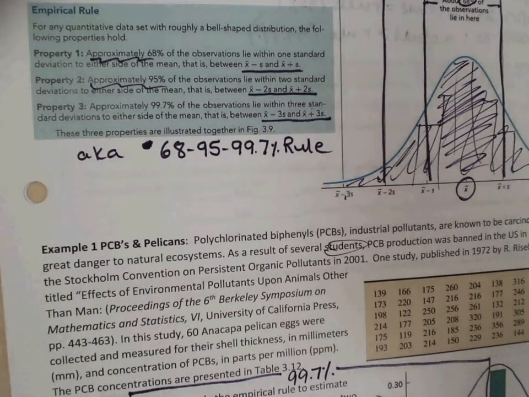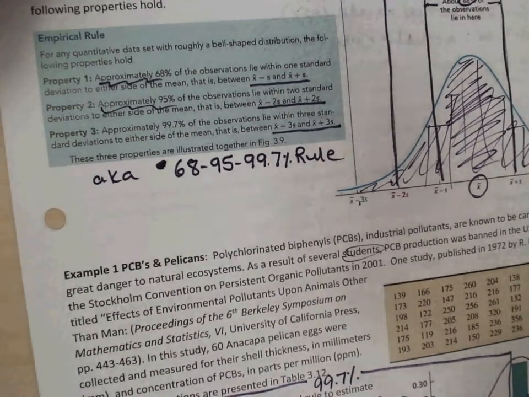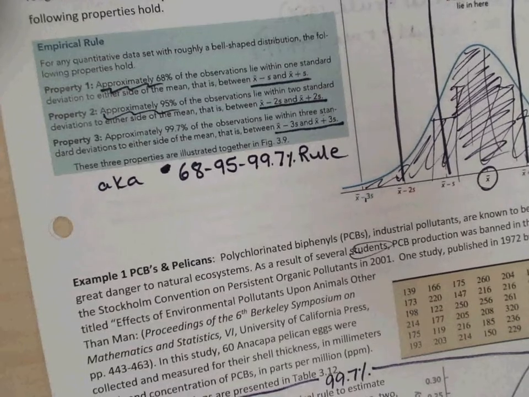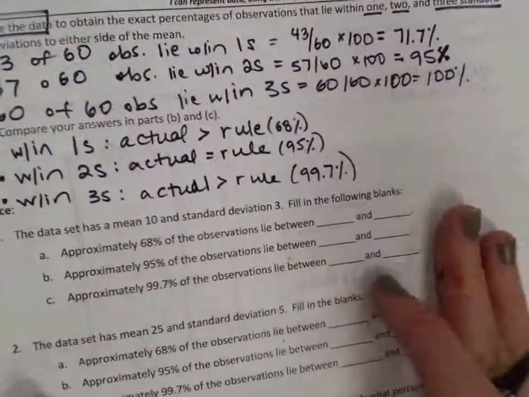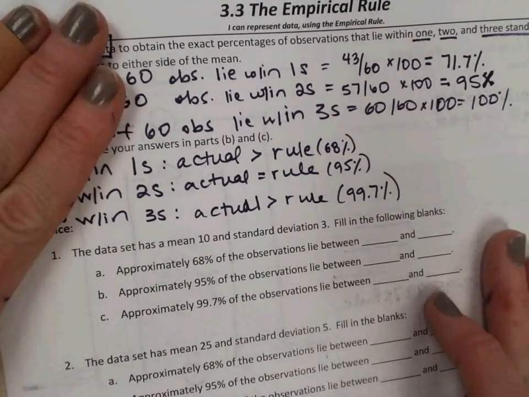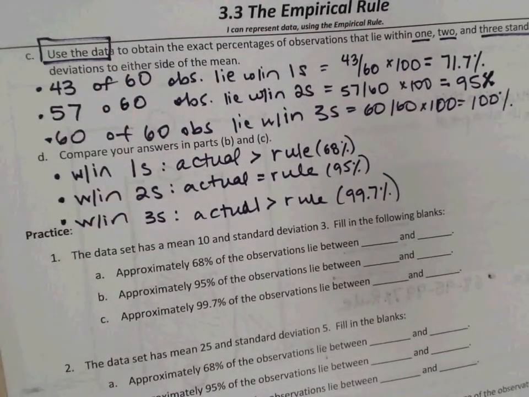You don't even have to work at memorizing them. They'll just kind of stick as we reference them so frequently. All right, I'm going to pause it here before I do the practice, and I'll pick back up.